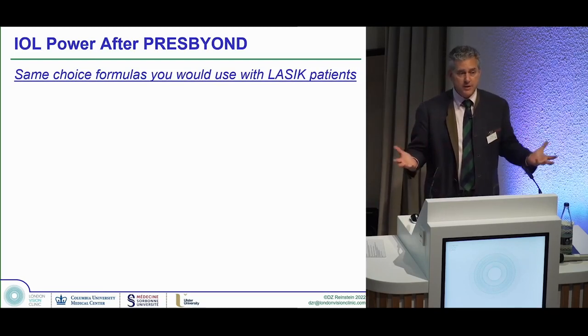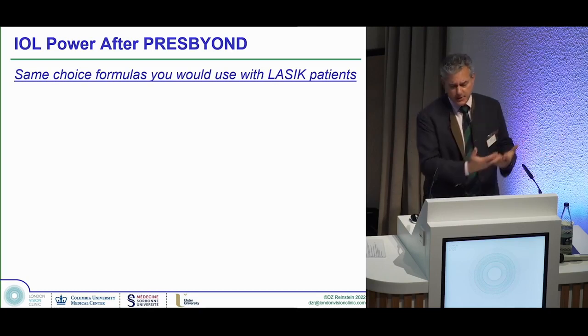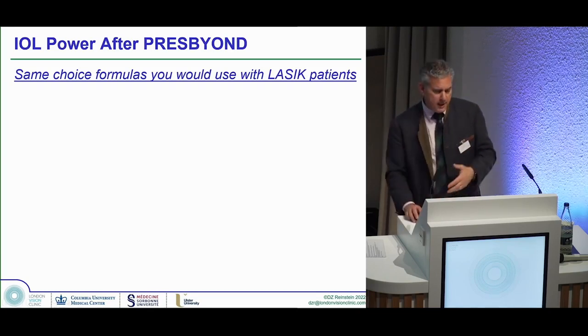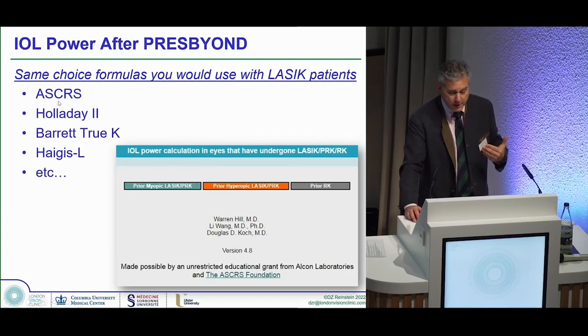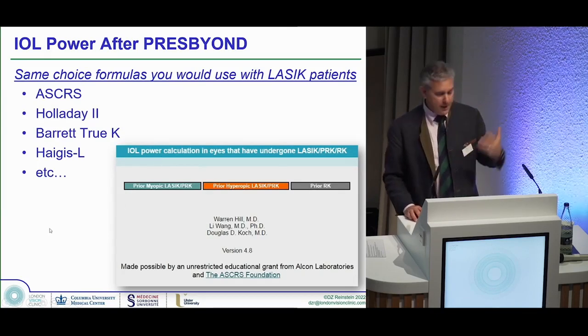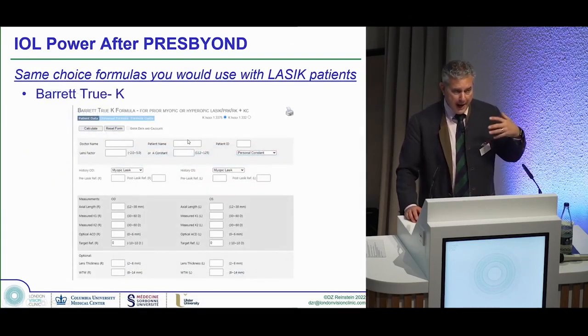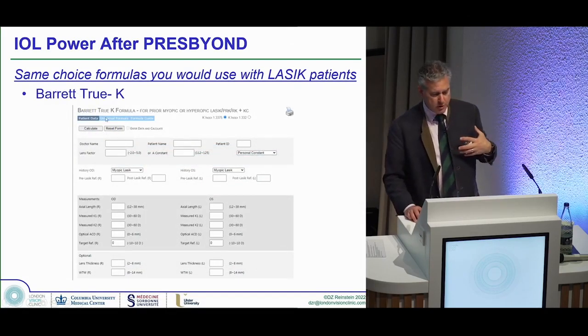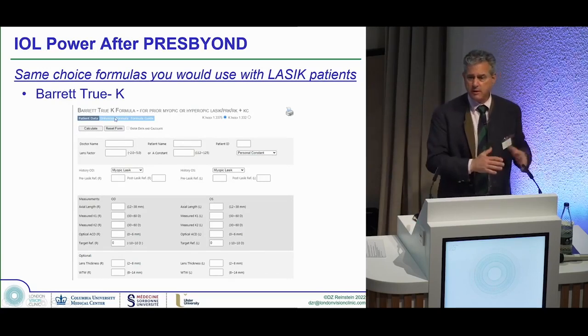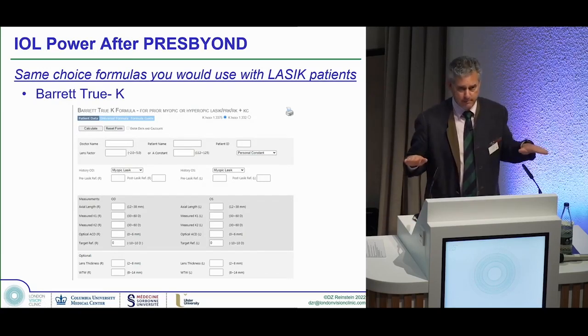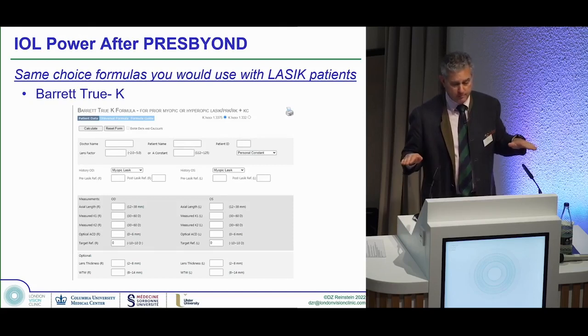It's a regular LASIK. And so Haigis, Haigis-L, Barrett True K, these formulas work really well. So you can go and plug it all in, try it as much as you like, compare all the different formulas. Our experience is that the Barrett True K after PRESBYOND works perfectly, like really perfectly.